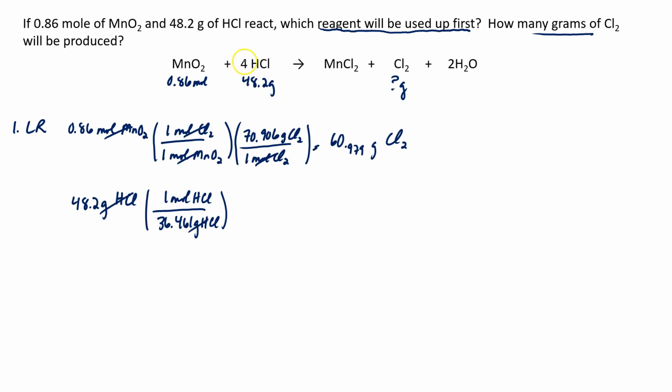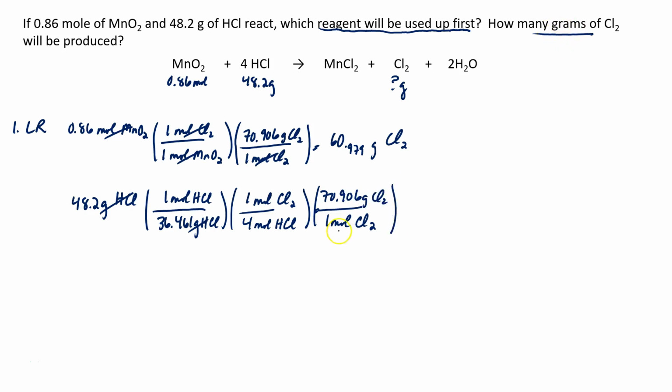For every 4 moles of HCl, we can make 1 mole of chlorine. And let's go all the way to grams. For every 1 mole of chlorine, there's 70.906 grams of chlorine, since that's what they wanted anyway.